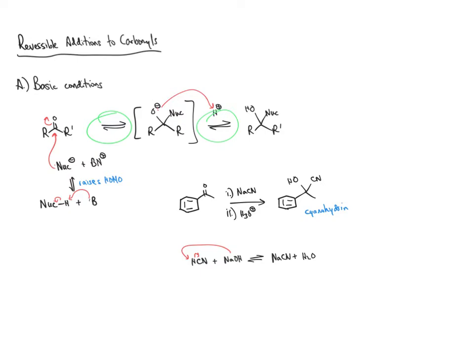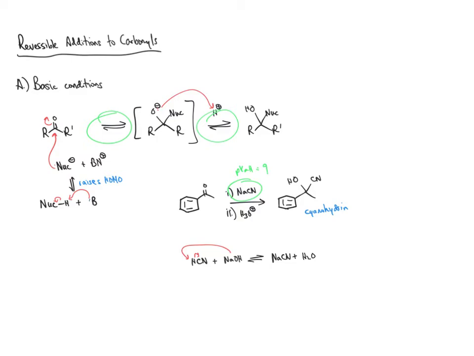So the pKa-H of the nucleophile has to be less than 15, and indeed for sodium cyanide, the pKa-H is 9. And so that's less than 15, and so this reaction is under thermodynamic control. Right? And so these are reversible reactions.